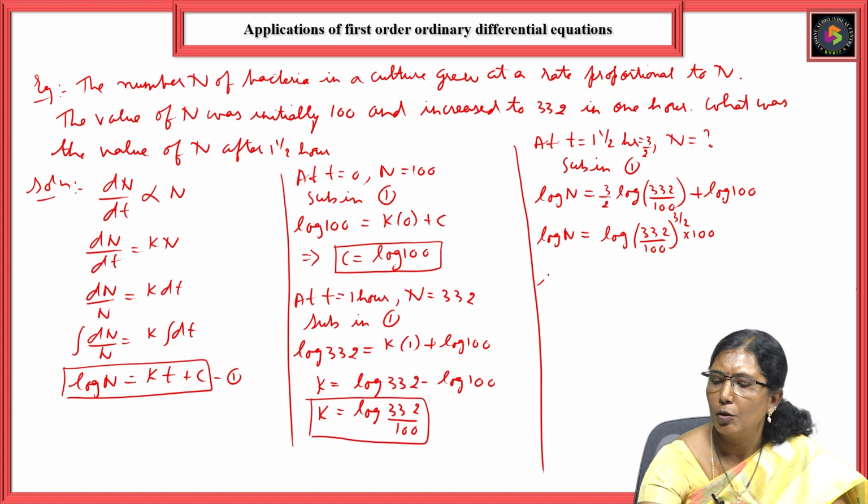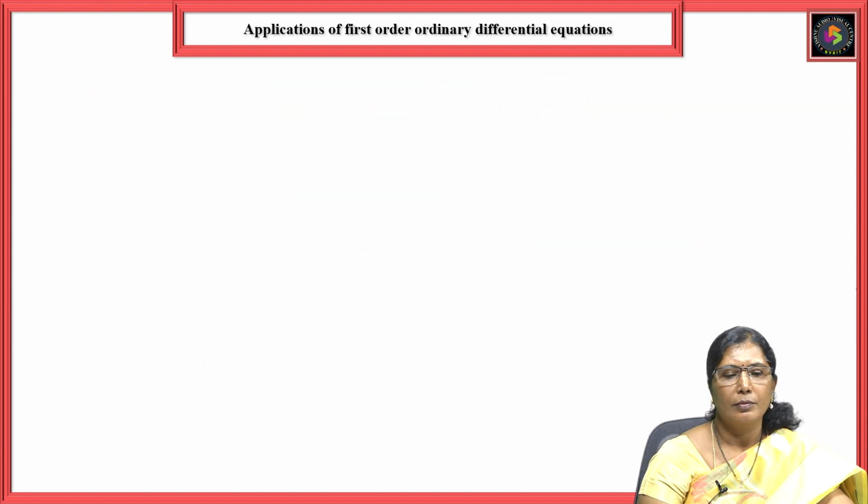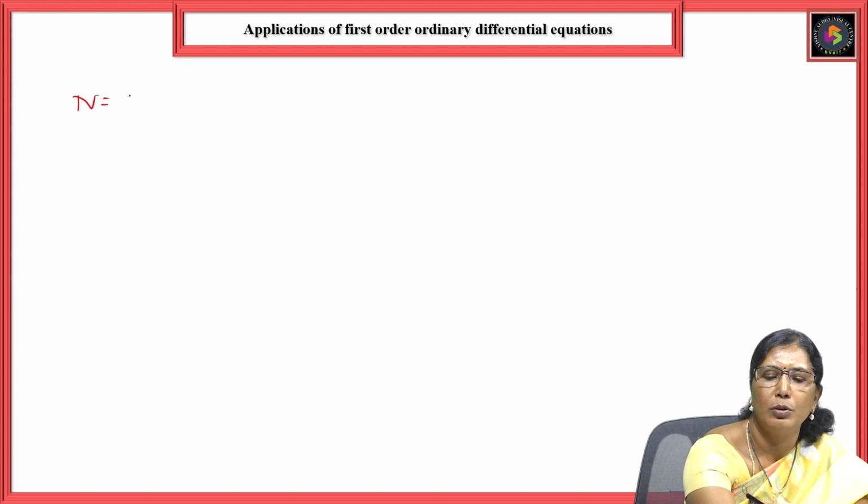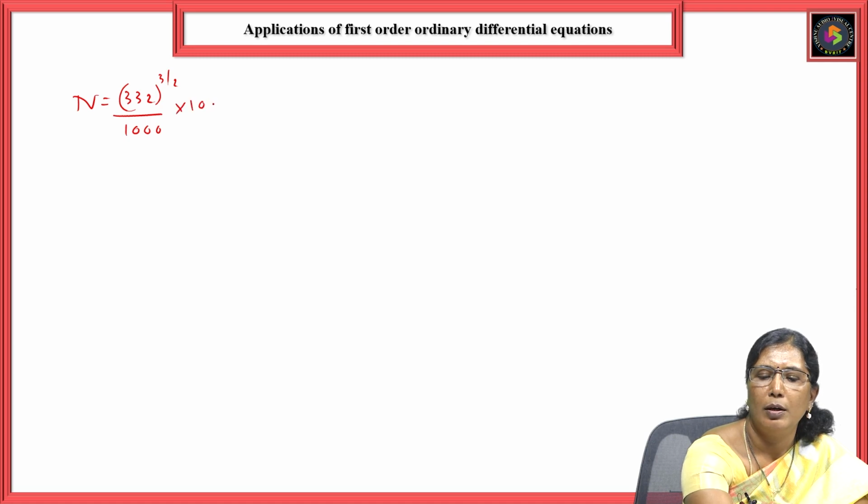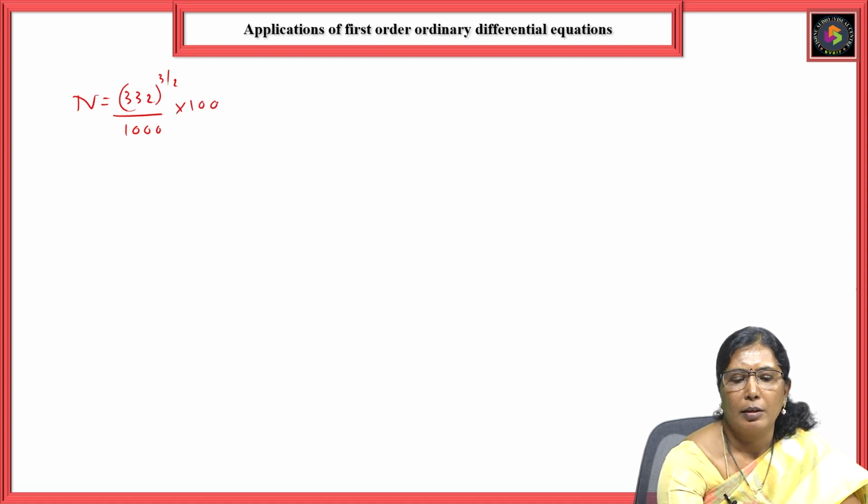Removing log on both sides, we get n is equal to 332 whole to the power of 3 by 2 divided by 10 squared whole to the power of 3 by 2, into 100. This 2 gets cancelled, so n is equal to 332 whole to the power of 3 by 2 divided by 1000, into 100, because 10 cube is nothing but 1000.